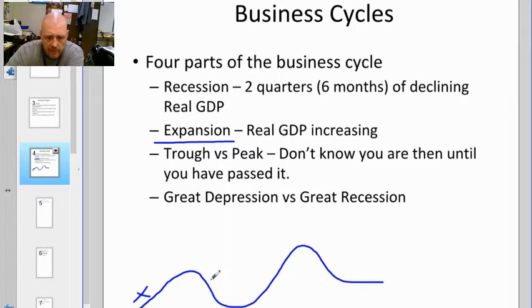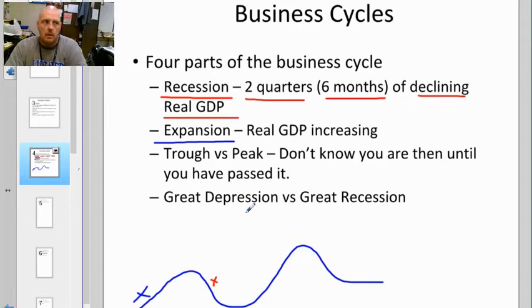We start looking at some of the downturns, which I would argue right now, spring of 2020, we were in the downturn. To be considered a recession, you need at least 2 quarters or 6 consecutive months of declining real GDP. Right? Our economy has been working down or shrinking, if you will, for a couple of months now.